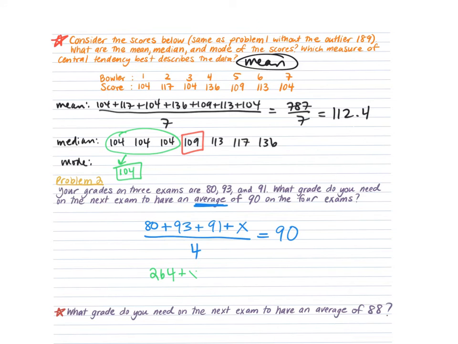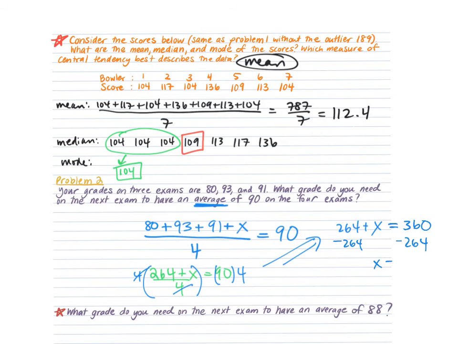So you're going to do 80 plus 93 plus 91, combining like terms, you get 264 plus X divided by 4 equals 90. And then to get rid of that divide by 4, we're going to multiply by 4 on both sides. So these 4's cancel. So this is going to be 264 plus X equals 360, and then we just subtract 264 from both sides.